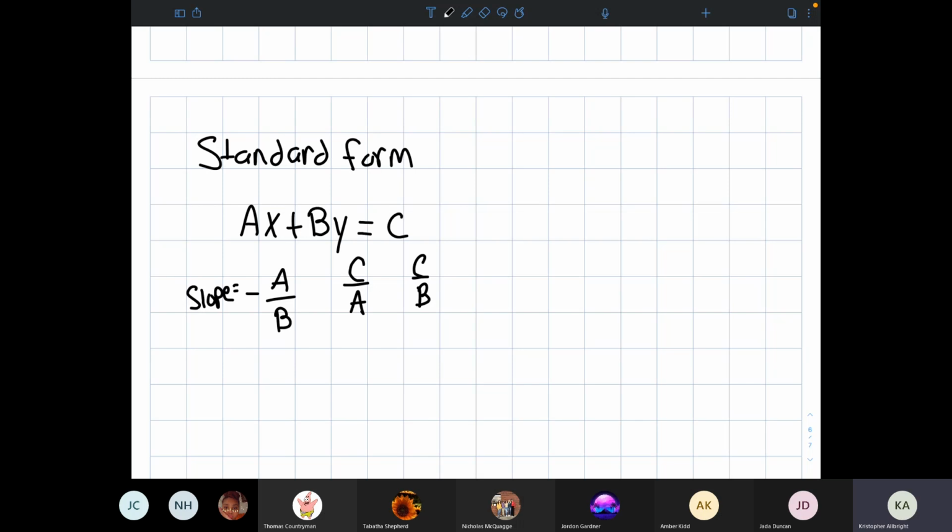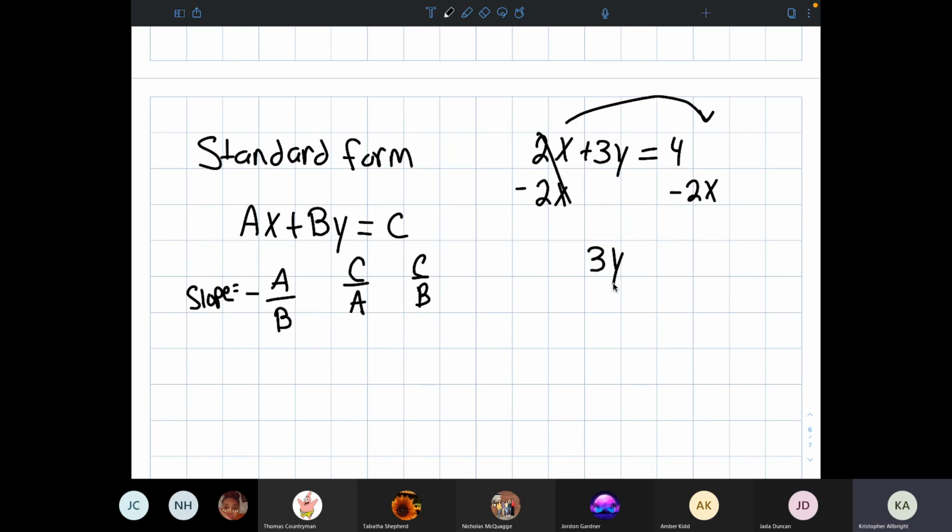So if we convert something that looks like this, 2x plus 3y equals 4, into slope-intercept form, what I'm going to do is move my x to the other side, just by subtracting. Minus 2x, minus 2x. This is going to cancel.